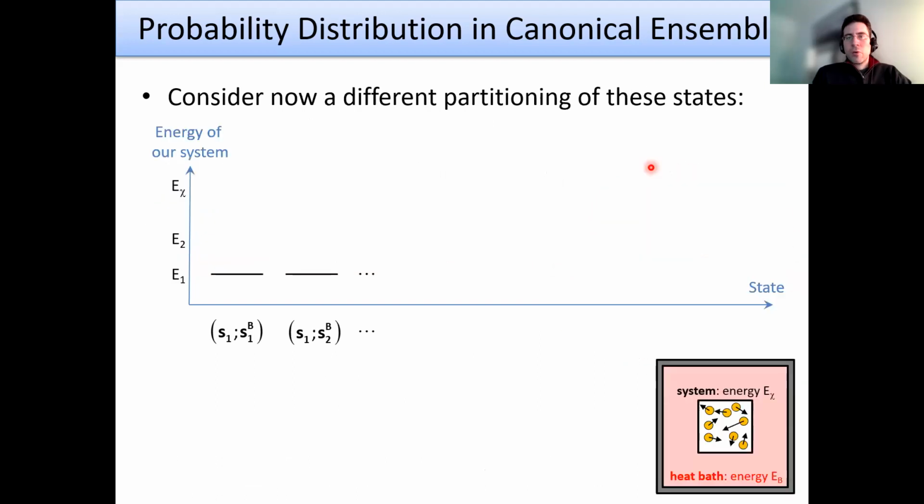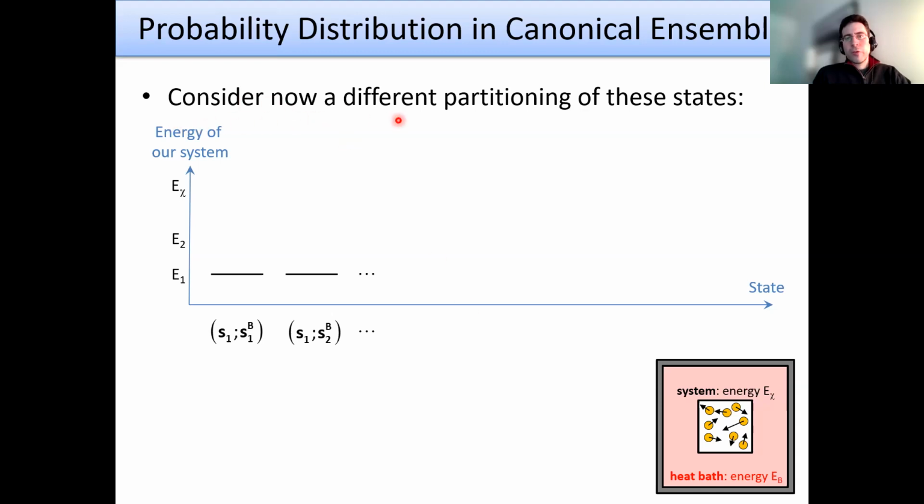Now the first important element in this thought process is that we take the bath and the small system as one composite system, which is insulated, that can be treated in the microcanonical ensemble. This way, we can use the formulas we derived for the microcanonical ensemble to find what is going on at the small system.